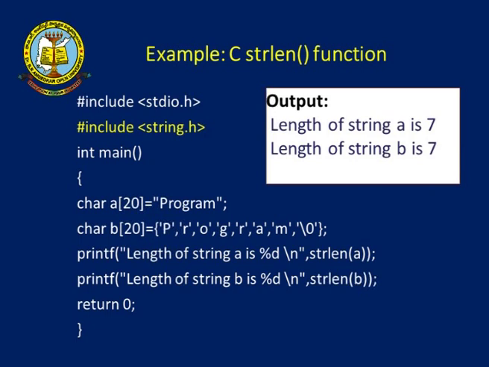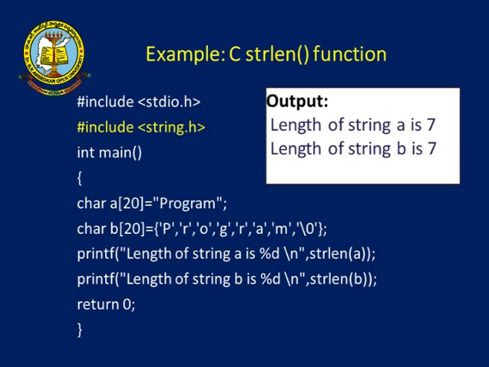Now, I want to know the length of the string variables A and B. For that, how to write the code? See, "length of the string is %d" and new line character, double quotes, comma, strlen. This is a predefined function. It has one argument. The argument is nothing but a string variable name.